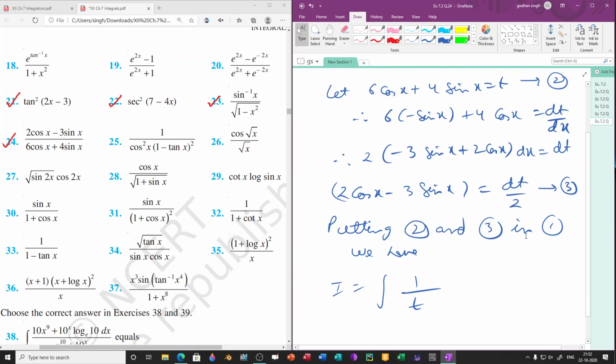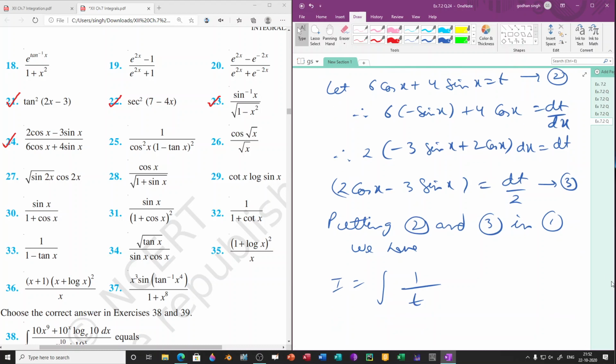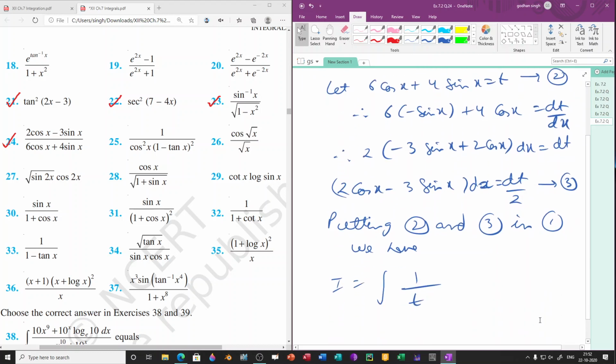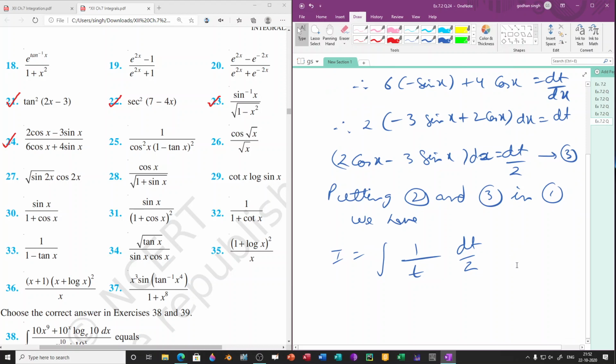Here the dx is missing, so we just write it here. We write this (2 cos x minus 3 sin x) dx as dt by 2. So this will be dt by 2, and 1 by 2 is a constant, so we can take it out of the integral.